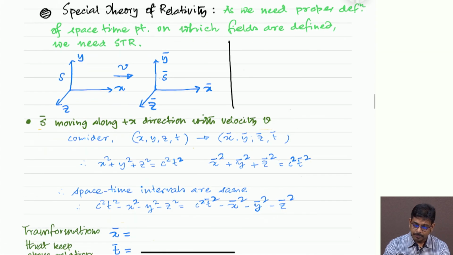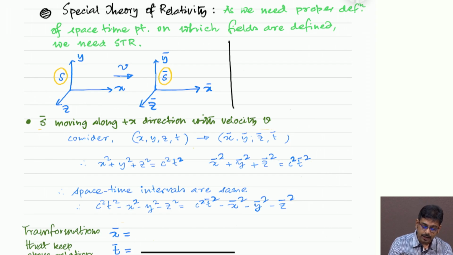Now, the basis of this is to look into two different coordinate systems, one which I call x, y, z, or the S frame, so to say, and the other frame, which is called the S bar frame, in which the coordinates are x bar, y bar and z bar.